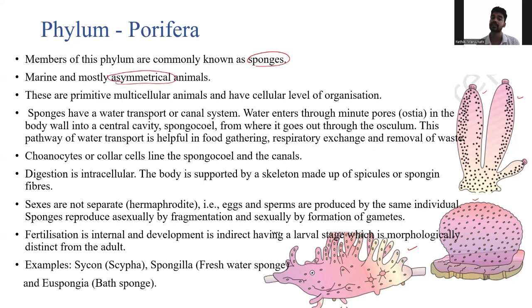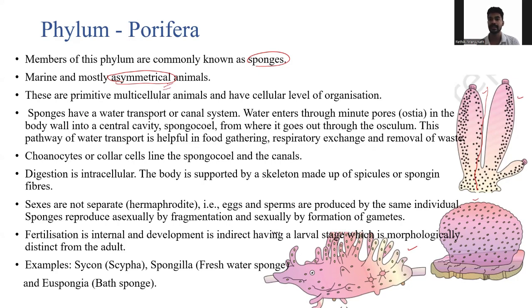What do we mean by an asymmetrical mode of organization? If a plane is passed through the center or anywhere, you cannot divide the organism into two equal identical halves, left and right. That's why they come under asymmetrical animals.